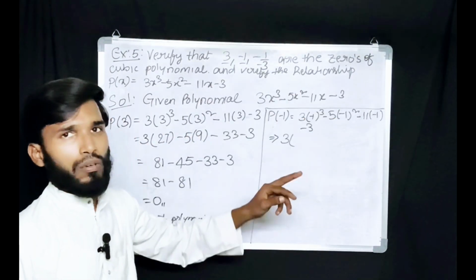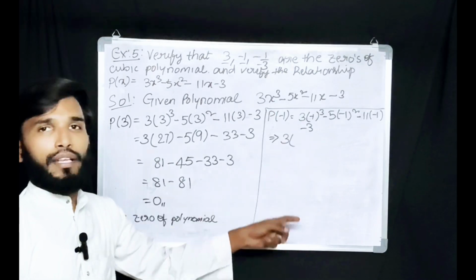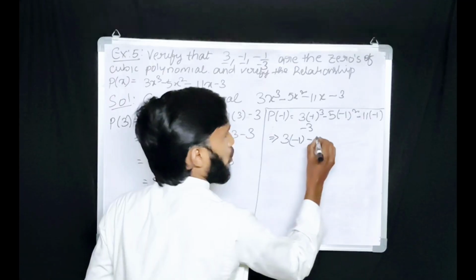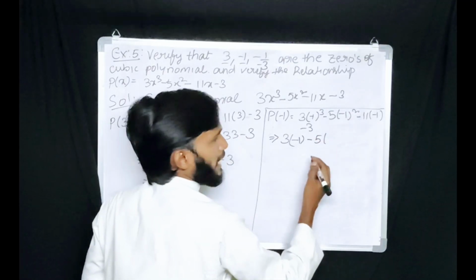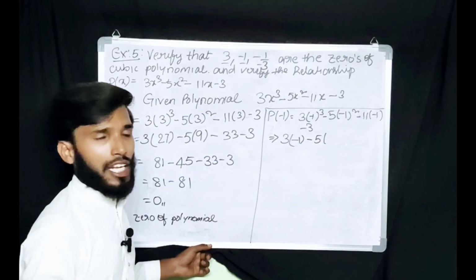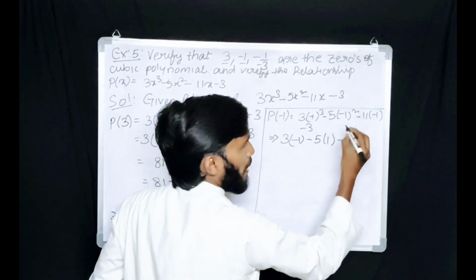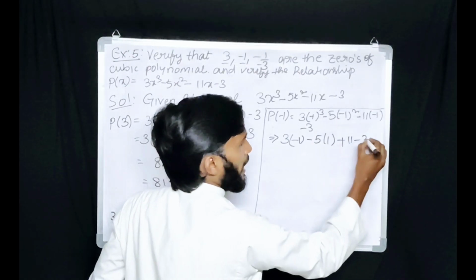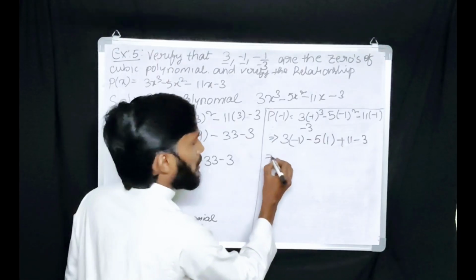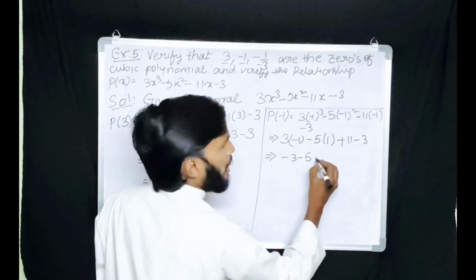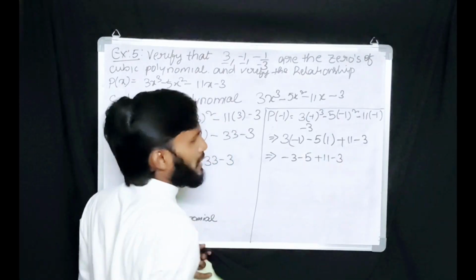Minus 1 whole cube is minus 1, minus 1 square is plus 1, and minus 11 into minus 1 is plus 11. So 3 into minus 1 minus 3, minus 5 into 1 minus 5, plus 11, minus 3.